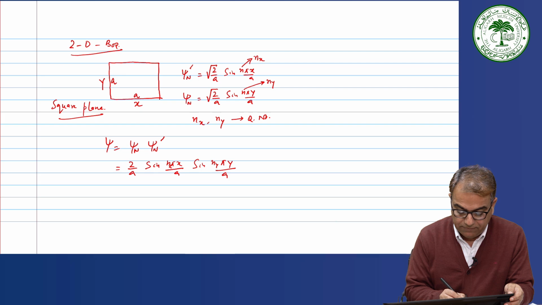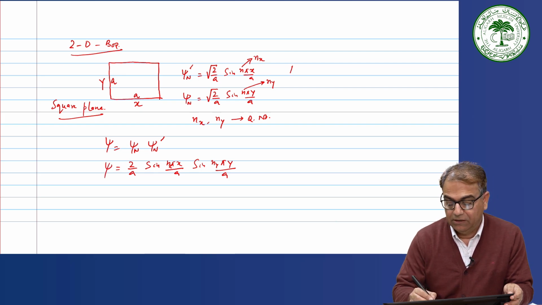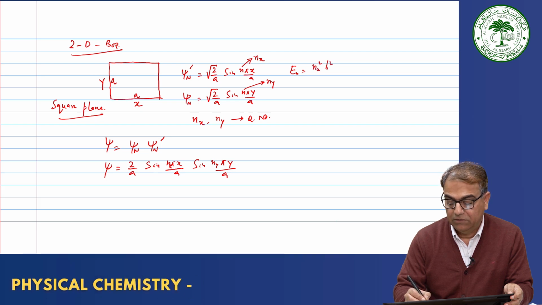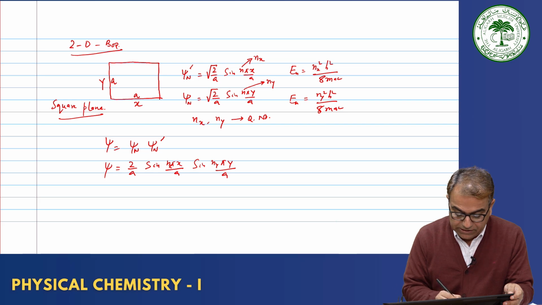This will be your total wave function. What about the energy? The energy for x will be nx square h square divided by 8ma square. And the energy for y will be ny square h square divided by 8ma square.